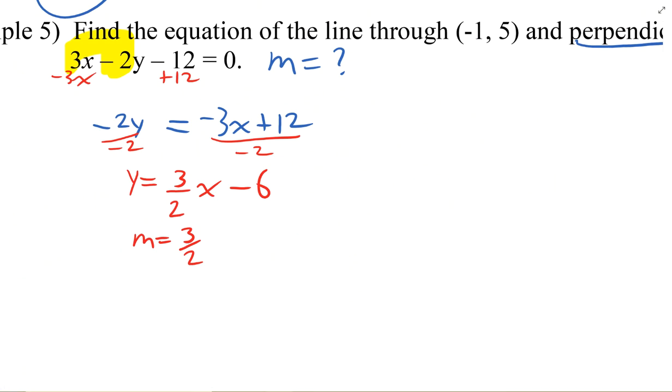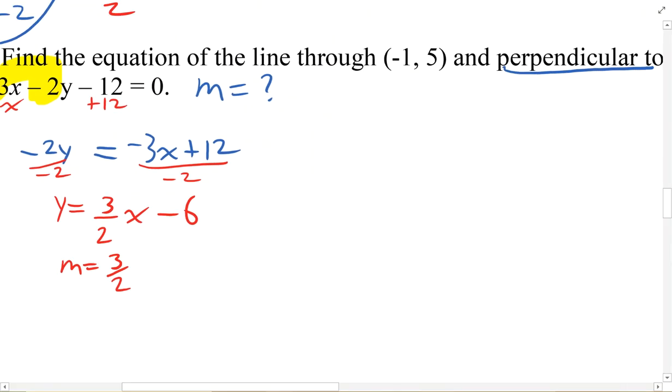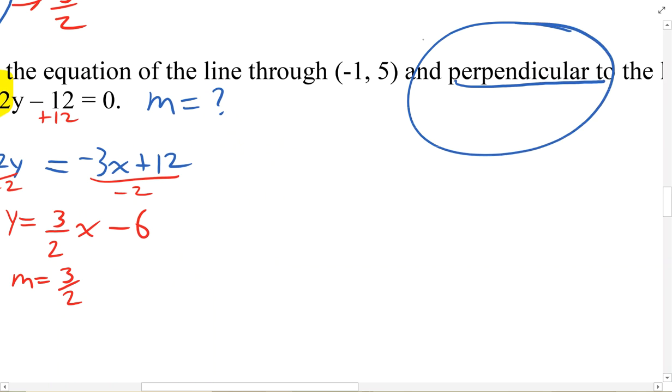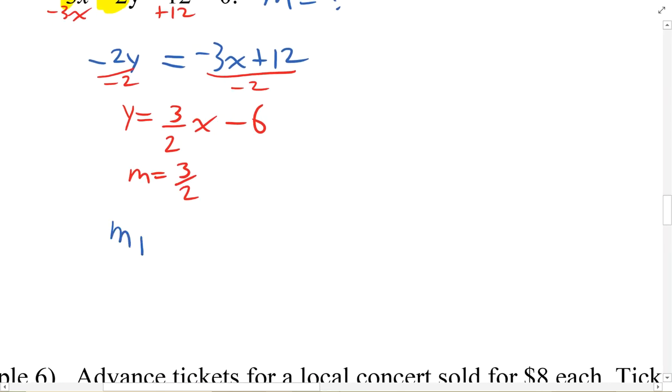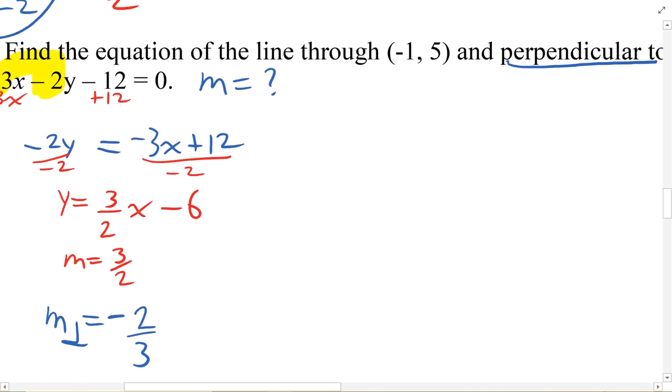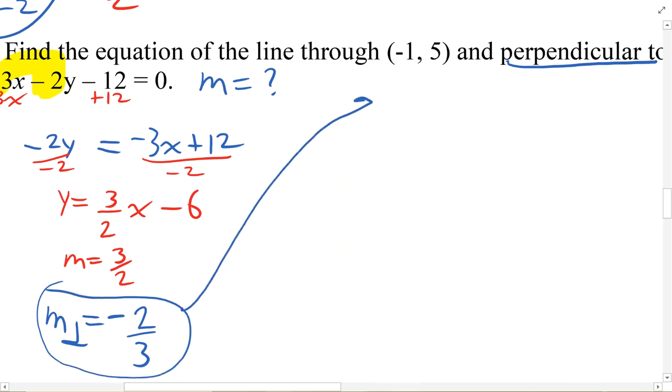So, what slope are we going to use then? Our line that we're going to create is perpendicular, so it should be not 3 over 2, but the perpendicular slope: flip it, and make it negative. So -2/3. That's the slope that we are going to use, and we're going to use this point.